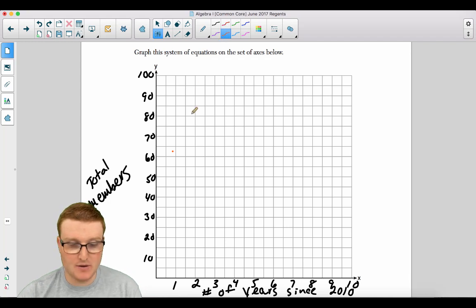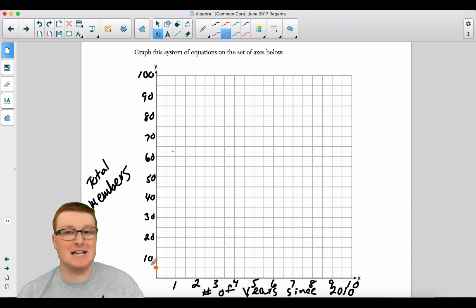I'm going to graph the swim team function first. It had 5 members, and it is increasing by 10 per year. So we go up 10 members to the right 1. In the first year, they now have 15 members.